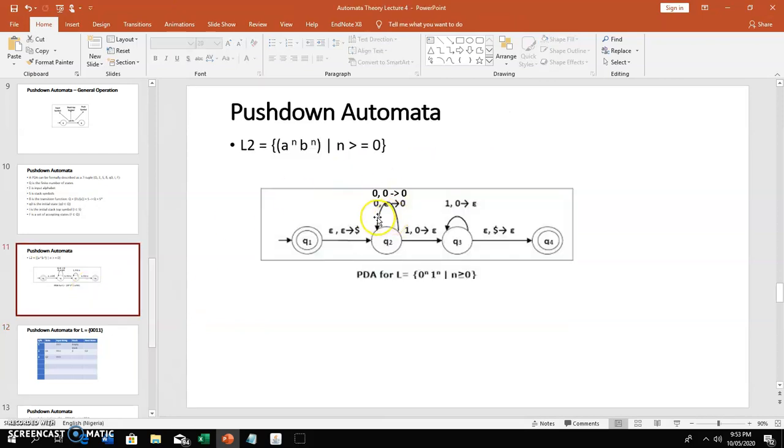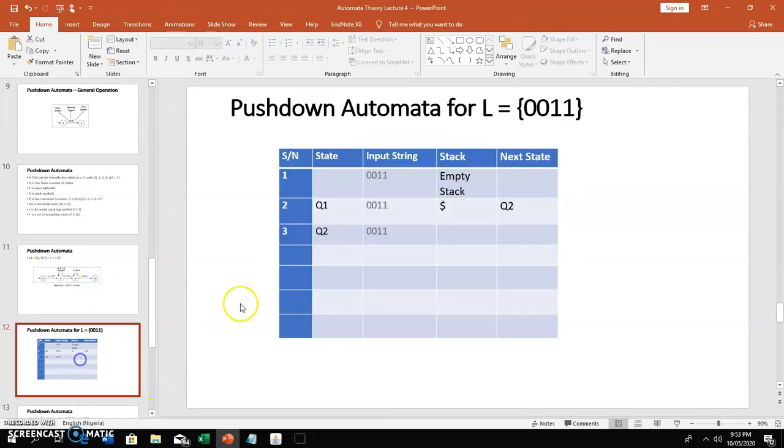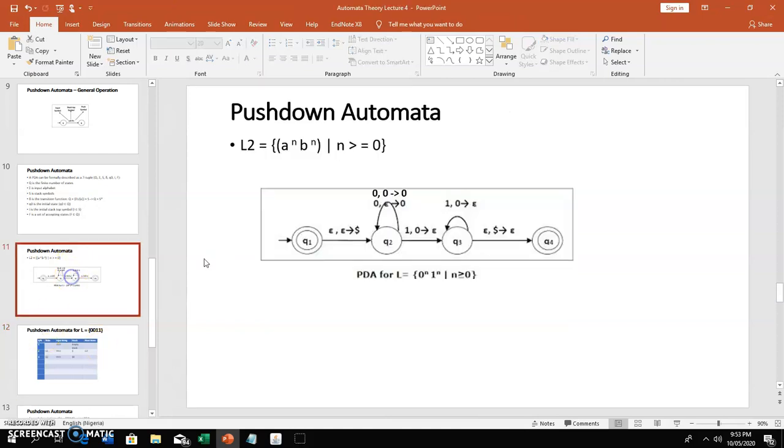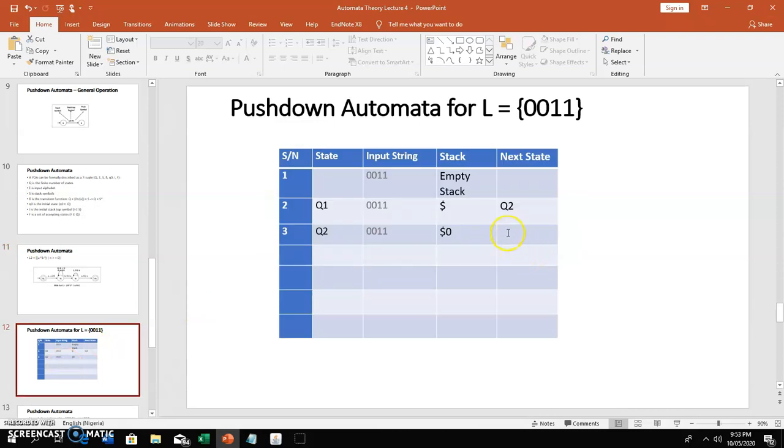We're supposed to stack in 0. So we're supposed to have the $ sign over here, and we're supposed to have 0 over here. So we've done that. Once we do that, where are we supposed to go? We're supposed to remain on state Q2. So that's why we're on state Q2 over here.